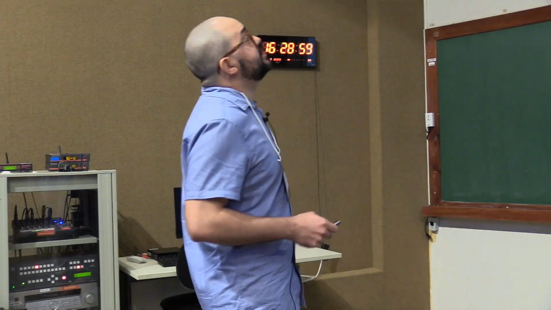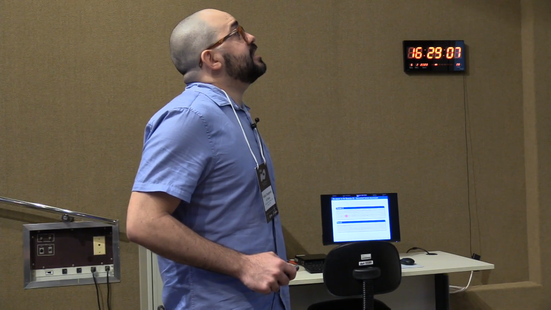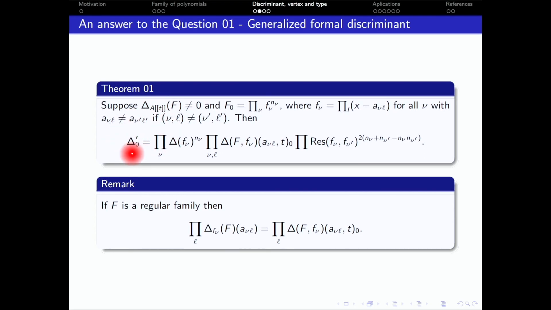Another thing that we have in mind is the following. Note that this term depends on how many terms of f you need. To compute this delta prime 0 is equivalent to determining how many terms you need in the family to compute the vertex.